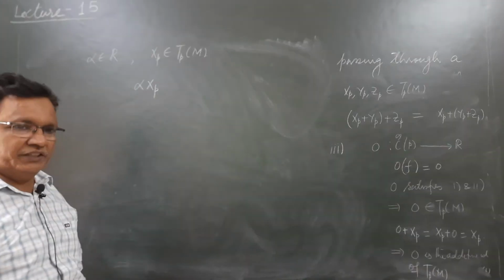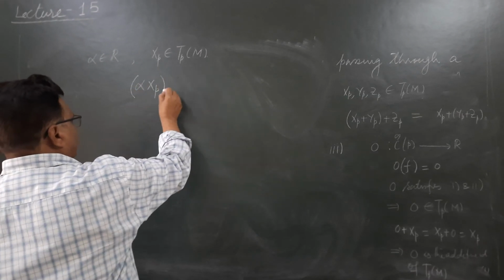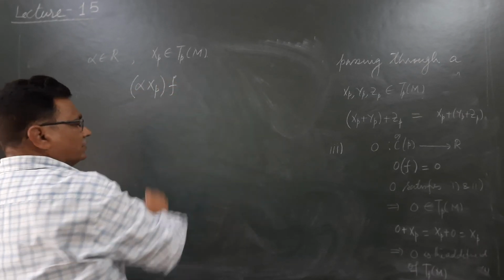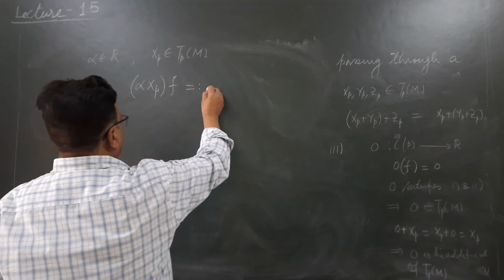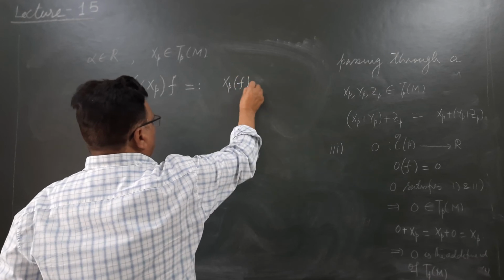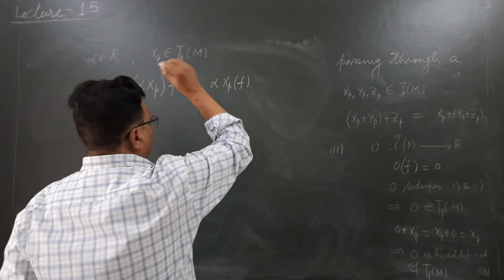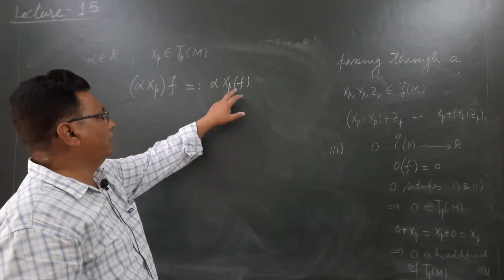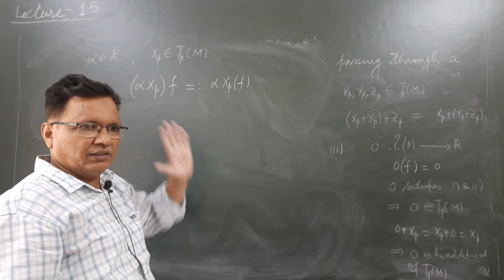This is a new object, and this object I will define as an operator on functions, and the proposed definition is that you consider this real number and you multiply this real number by alpha. This is a real number and this is also a real number. So multiplication of two real numbers is a real number.